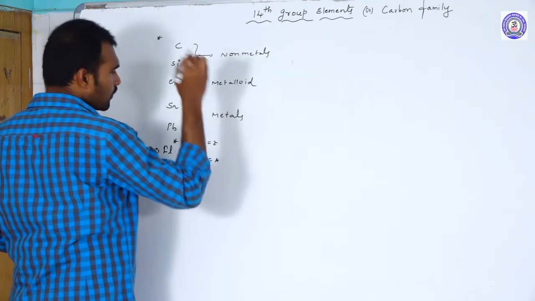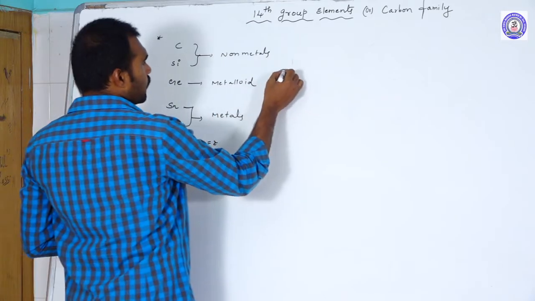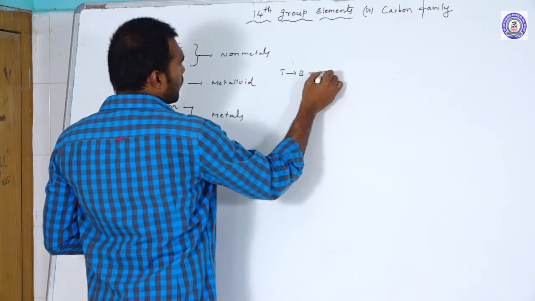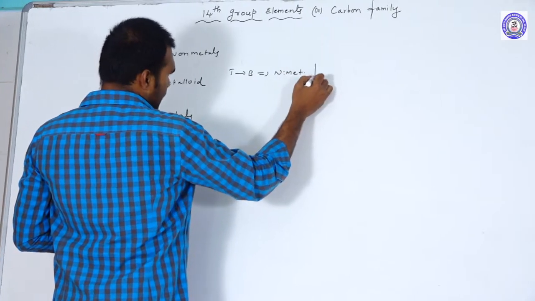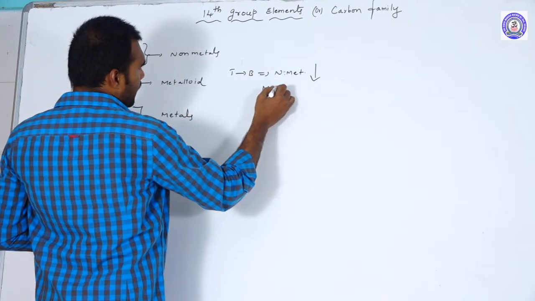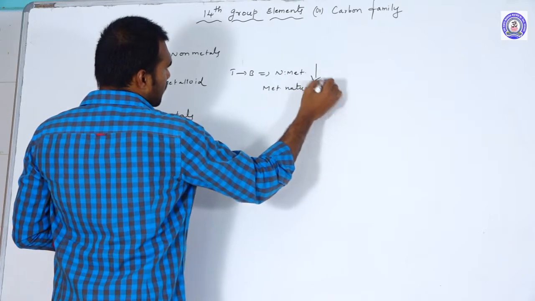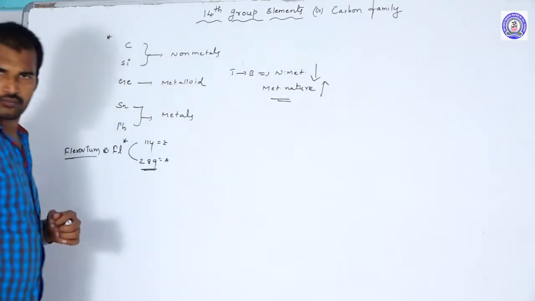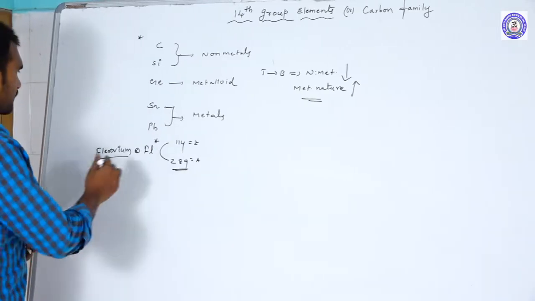Metals. That means when you go from top to bottom, the non-metallic nature decreases, and the metallic nature increases. Okay, so this is about the general elements present in this group.